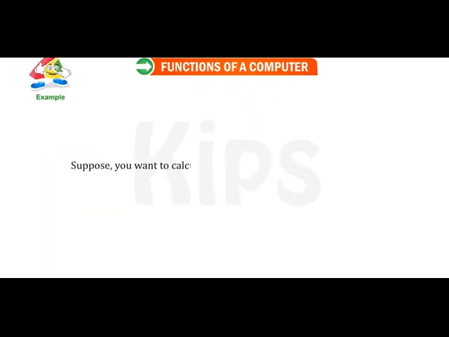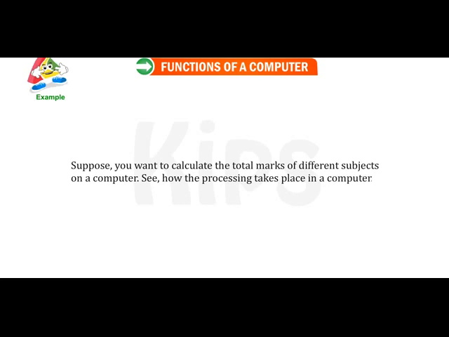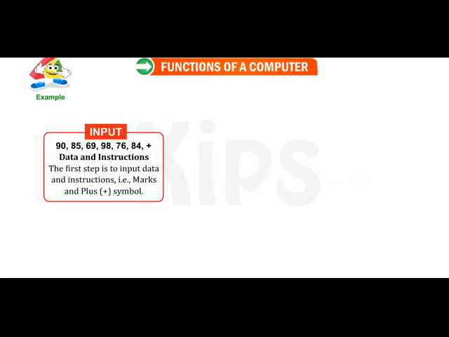Suppose you want to calculate the total marks of different subjects on a computer. See how the processing takes place in a computer. The first step is to input data and instructions, that is, marks and plus symbol. 90, 85, 69, 98, 76, 84 plus.